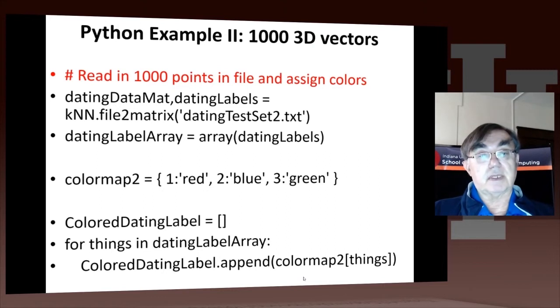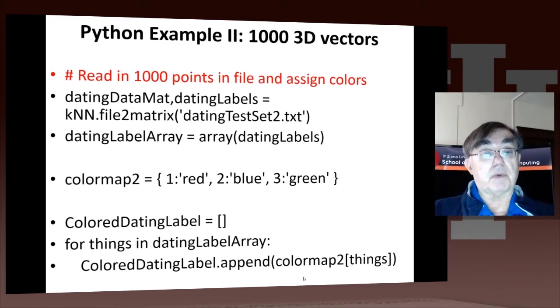But that's of course irrelevant, at least for the mathematics. All the mathematics cares about is there are 1,000 vectors. Each of those vectors has an x, y, and z component. They're vectors in 3-dimensional space, and they're all already classified by the woman who was classifying her dating partners.